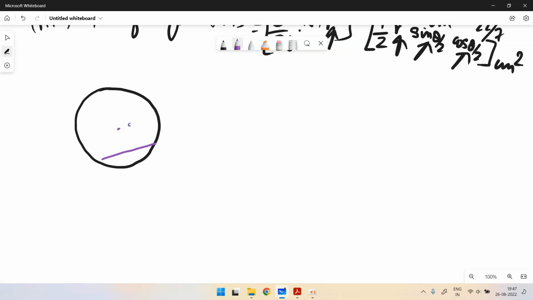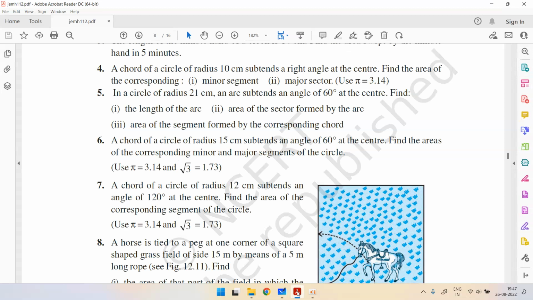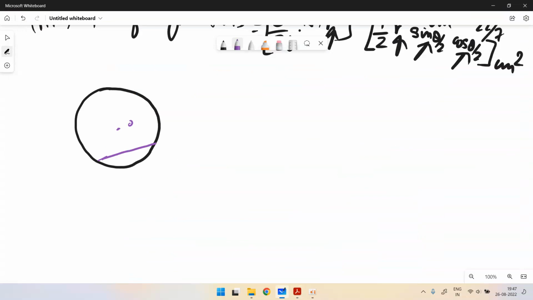This is the center, subtending 60 degree. We need to find the area of this minor segment and the area of this major segment.